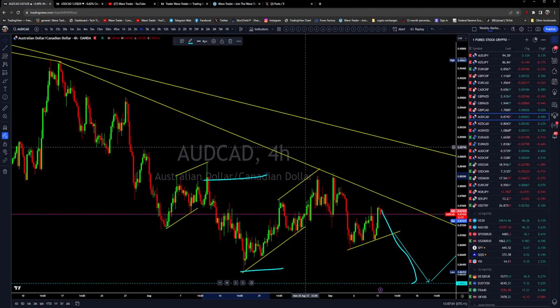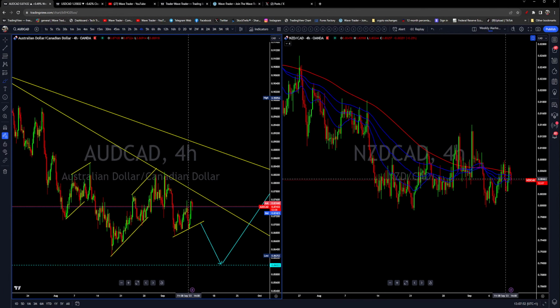So when you see that this pair is testing this low, and falling or going below that, but the Australian dollar CAD is not falling, then catch that trade, because the Australian dollar CAD is still at the top while the Kiwi CAD is struggling against the CAD, and suggesting what kind of move is going to happen on the Aussie CAD.